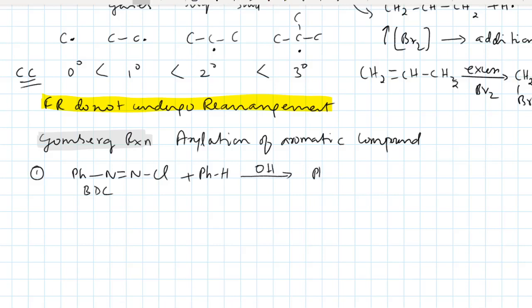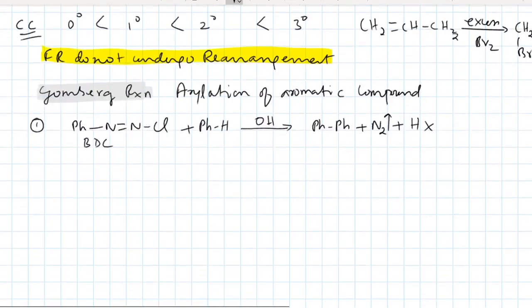You get Ph-Ph plus N2. It's a very common product in benzene diazonium chloride reactions, because nitrogen is a thermodynamically stable compound. Whenever benzene diazonium chloride undergoes any reaction, N2 will be released, because at the slightest provocation, N2 will easily come out.